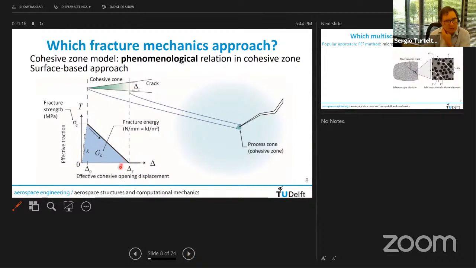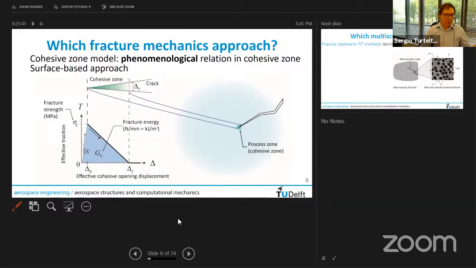As the crack opening, or the effective crack opening, increases, the capacity to transmit the load decreases up to a point where it goes to zero, and then effectively you have a crack. So the two surfaces have completely separated. The two important parameters here are the fracture strength and the fracture energy, which is the work dissipated in the process of creating this crack.